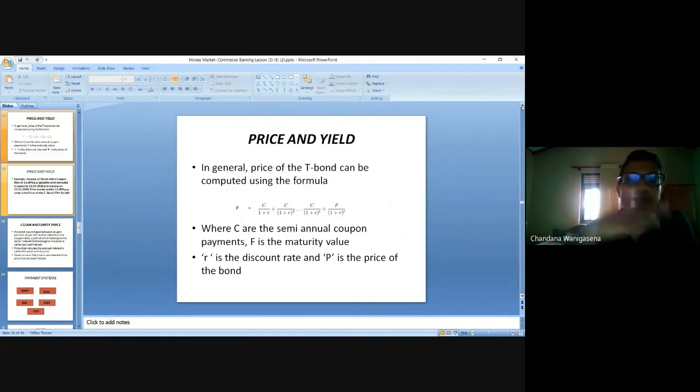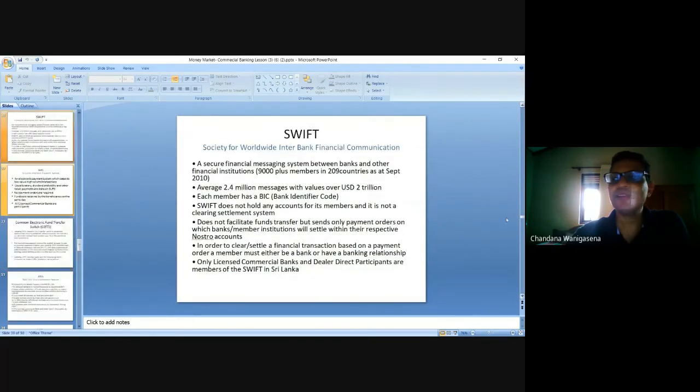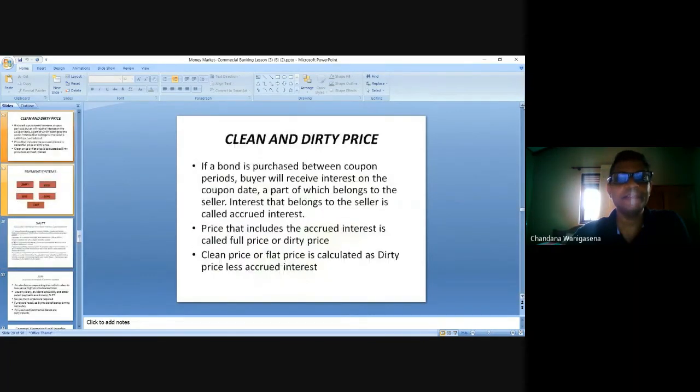When we get the present value of all these cash flows and add them up, we get the price of the bond. So let's see in this calculation how you get it.